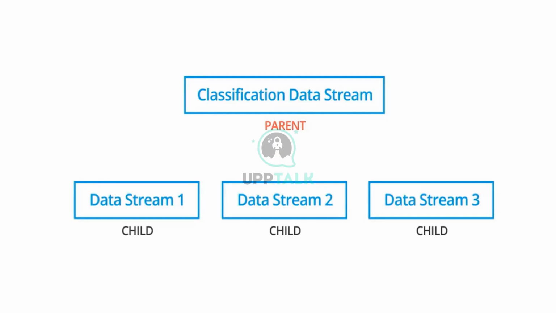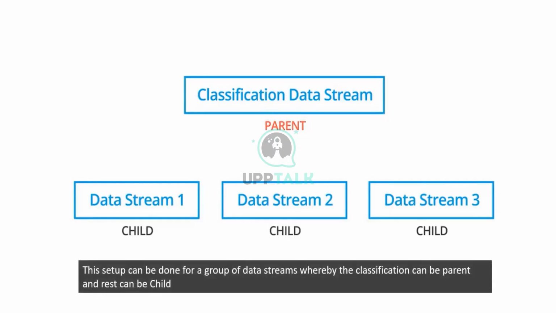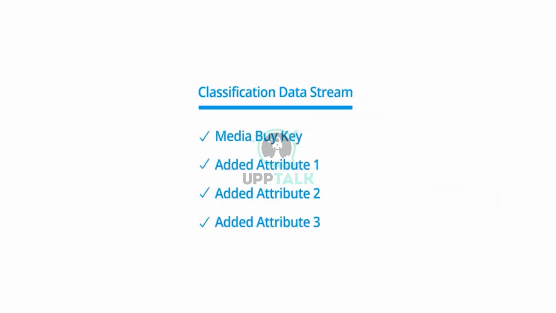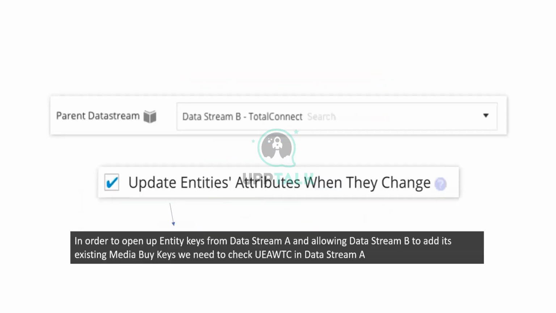If I do a parent-child with a single parent and all these three children under it, data from one, two or three data streams can refer to the single parent, and it can act as a classification for them so that they can show the data accurately. We will do an example maybe when we are doing the immersion.